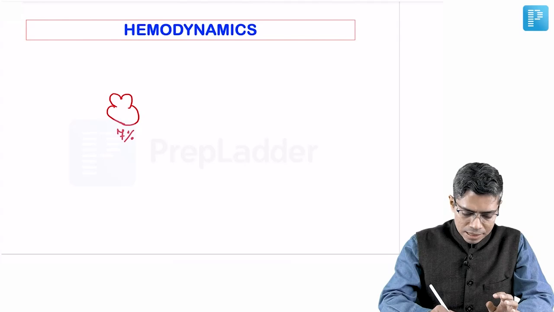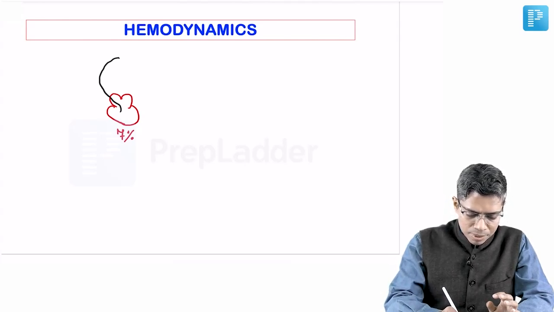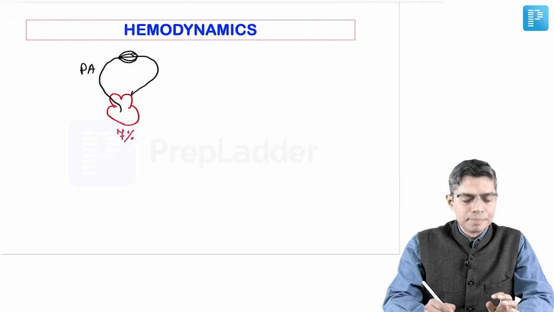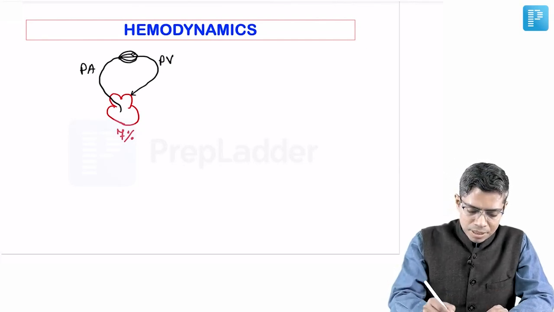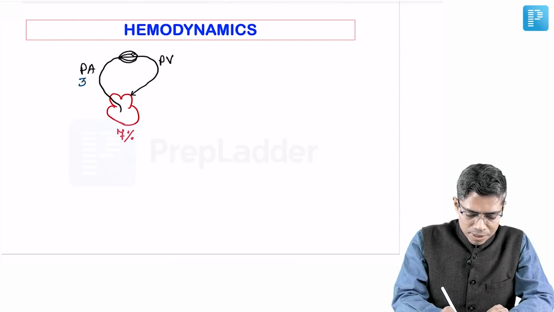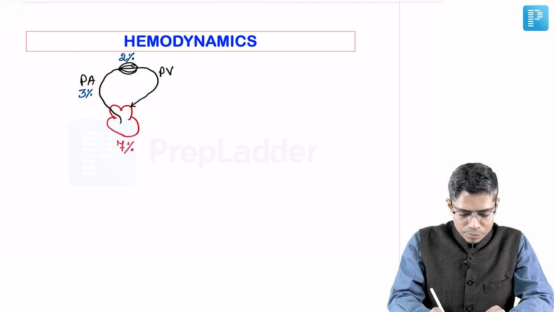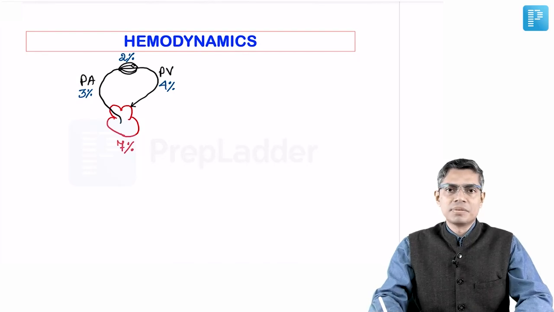Now, what percentage of blood is present at the level of pulmonary artery, pulmonary capillary, and pulmonary vein, in a schematic diagram. Remember, 3% of total blood volume is present at the level of pulmonary artery, 2% at the level of pulmonary capillary, and 4% within the pulmonary vein.